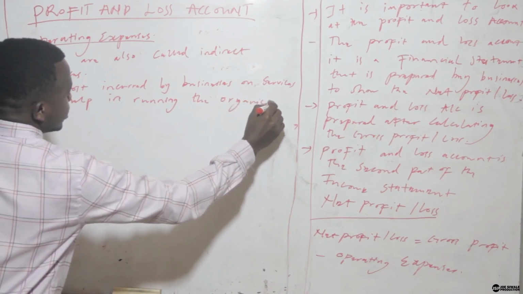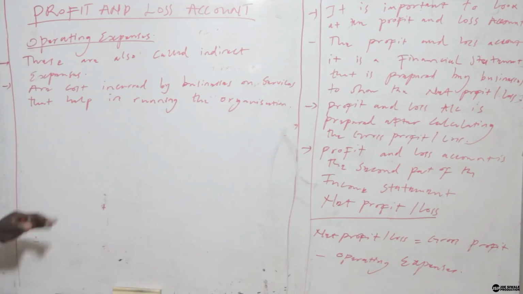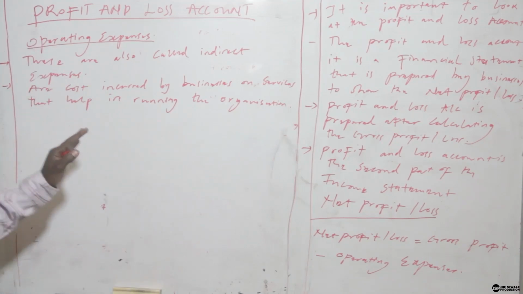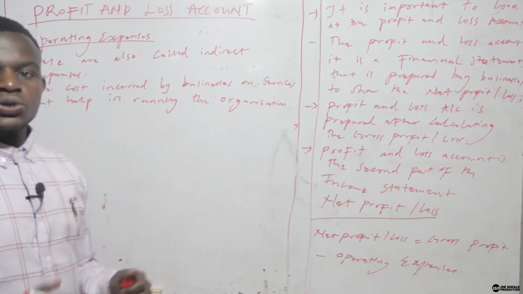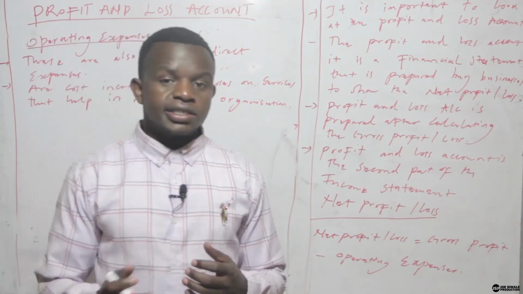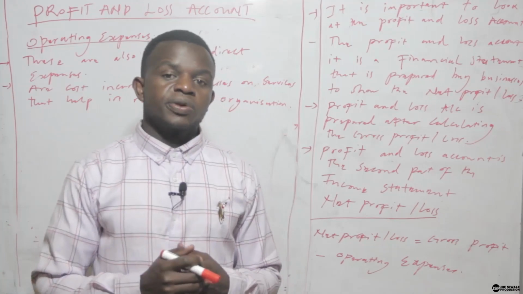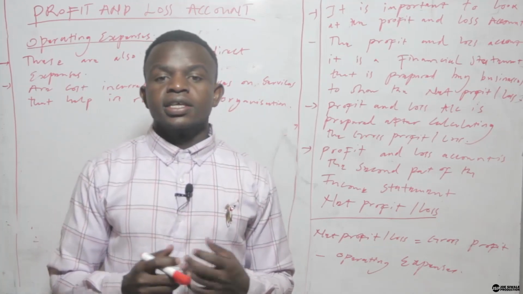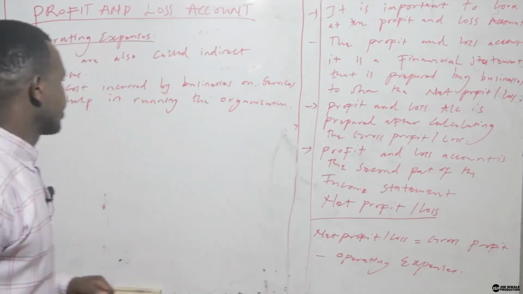So that's the definition, and these operating expenses can be divided into selling and distributive expenses, then administrative expenses, then financial expenses.